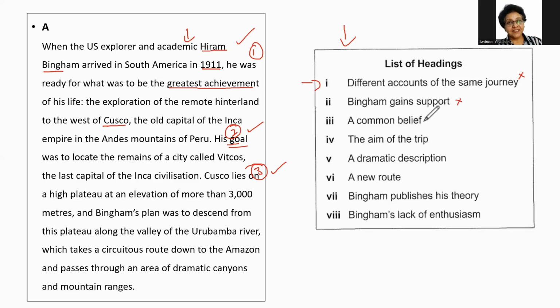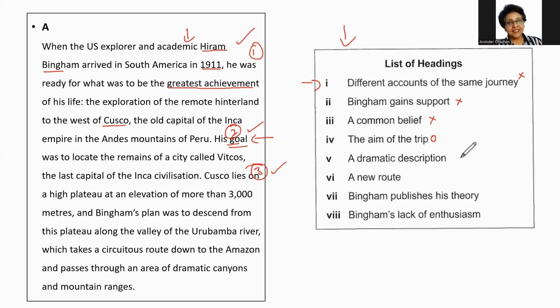Did we speak about any common belief? No. The aim of the trip. Well, yes, the paragraph did talk about his goal. So this possibly could be the answer for this particular paragraph, a suitable heading for this paragraph.